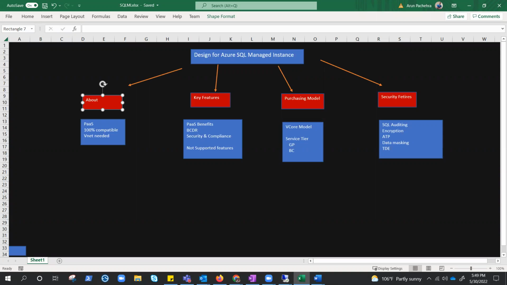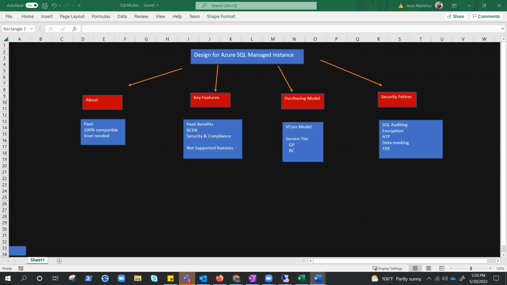And most of the features available in SQL Server are available in SQL Managed Instance. And as they say, it is almost 100% compatible with SQL on a VM. So this is the first choice whenever we are migrating from on-prem to Azure in regards of the SQL, of course.